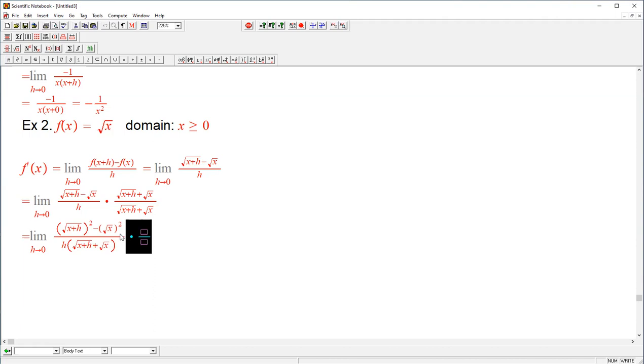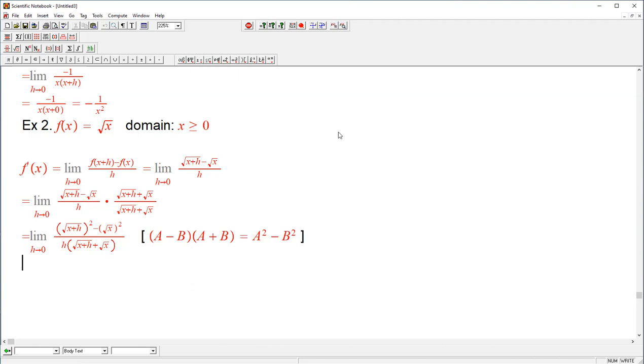So we're applying this algebraic identity: a minus b times a plus b equals a squared minus b squared.